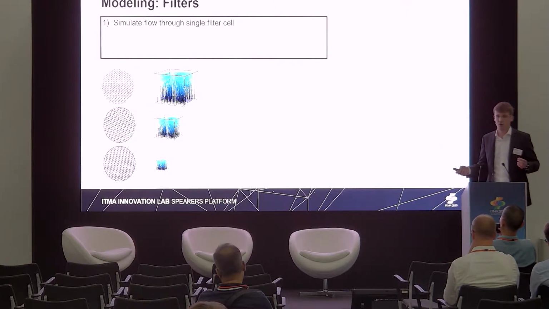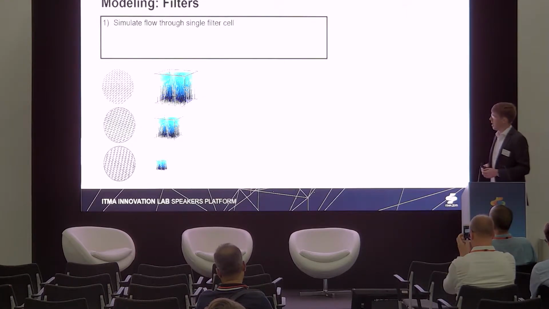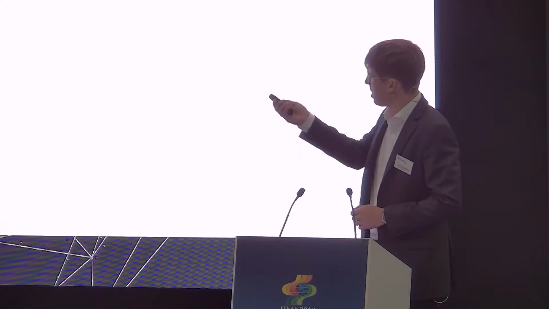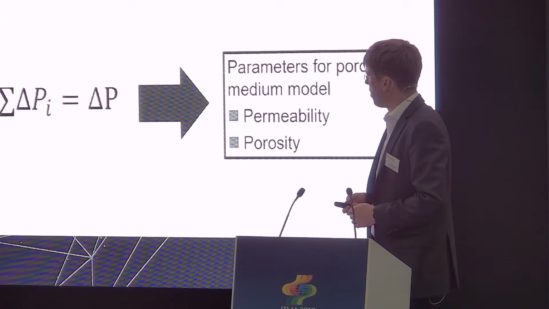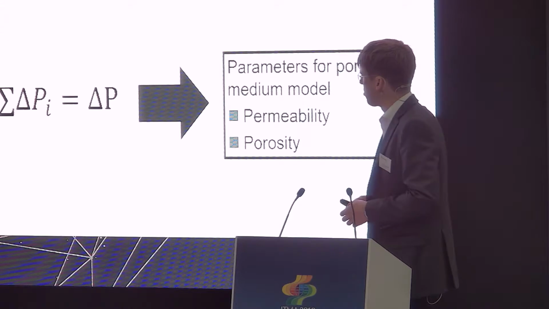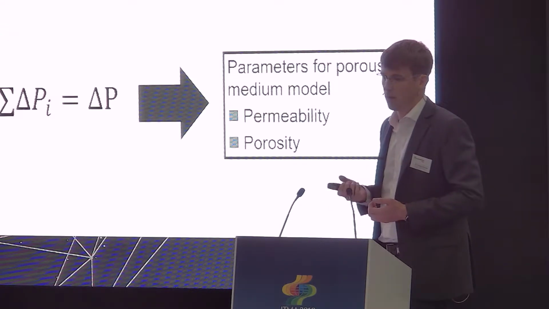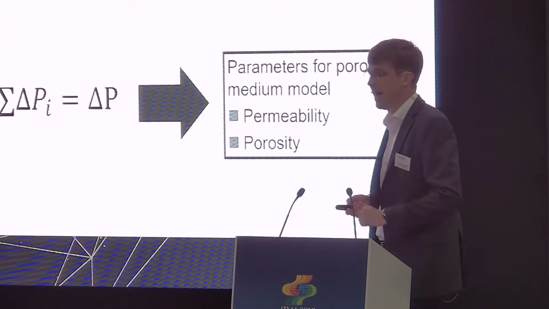So in order to get the correct properties of the filter, especially the correct pressure drops, we simulate individual cells of this filter. Often you have mesh filters, several layers of those, and we simulate single cells of these meshes in order to compute pressure drops of the individual layers, and then we can, in the easiest way, add them up to a complete pressure drop through the whole filter layers.